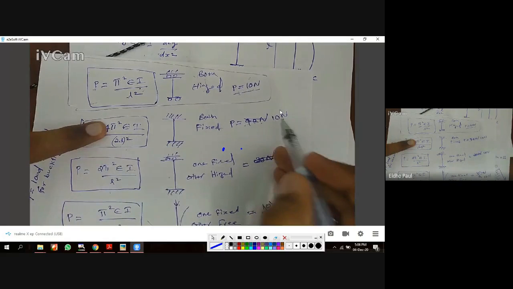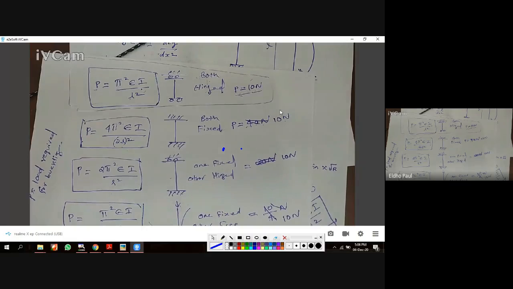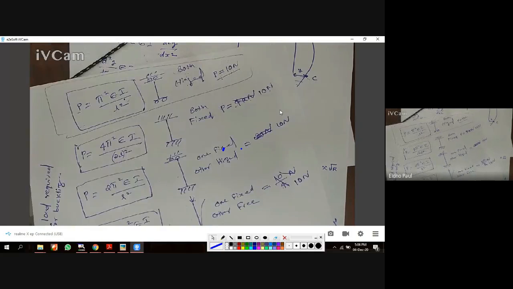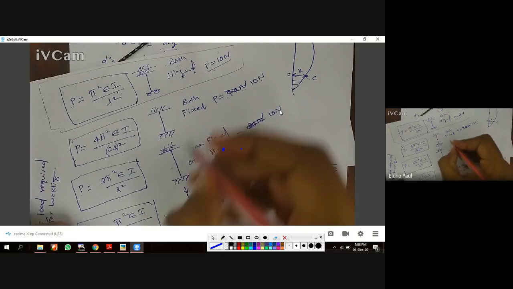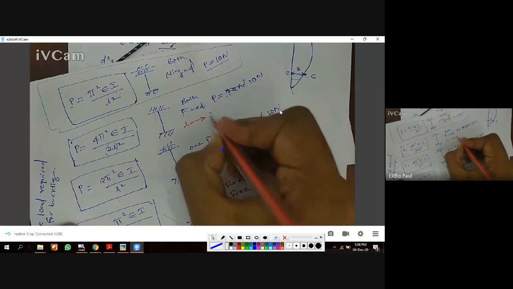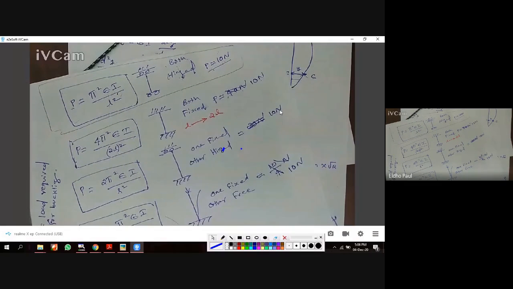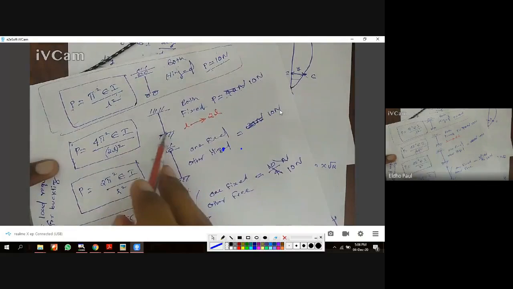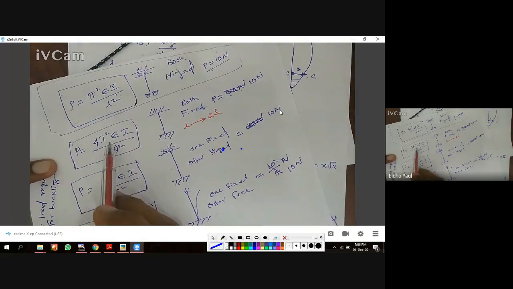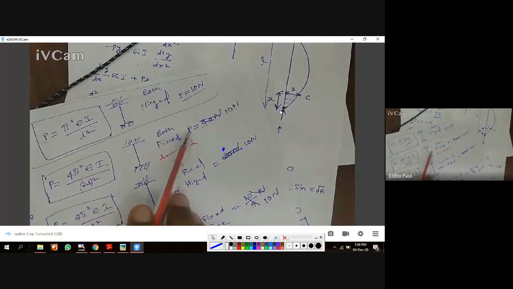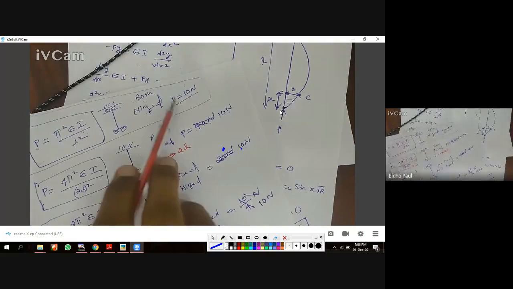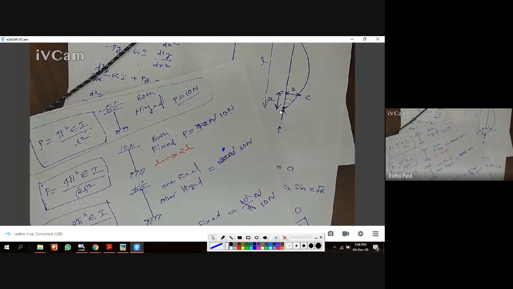It changes to 10 Newton. So in both ends fixed, L changes to 2L. If we double the length, then the buckling load of both ends fixed will be similar to the hinged end condition.